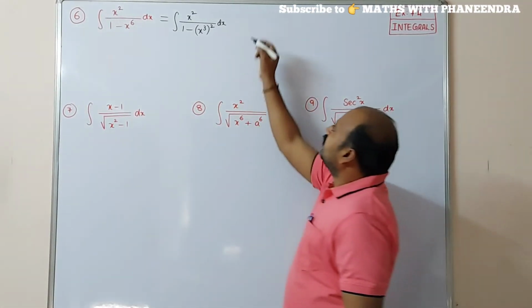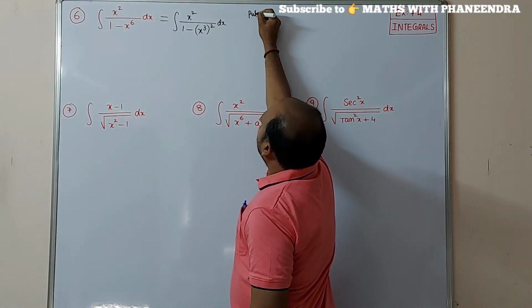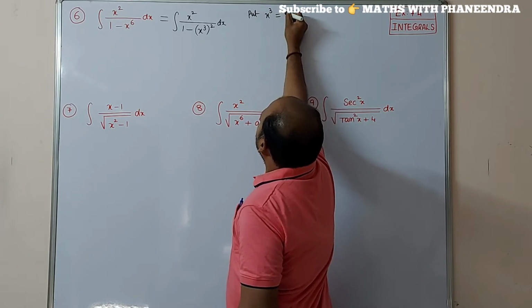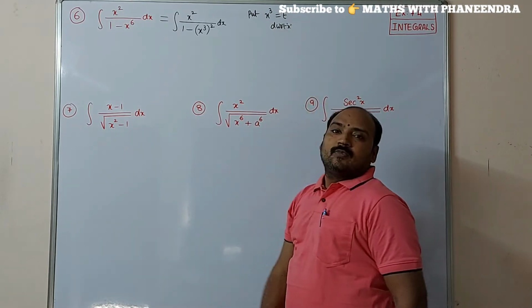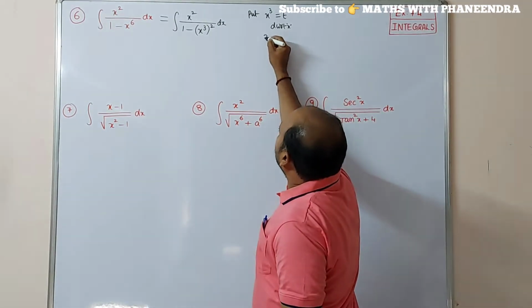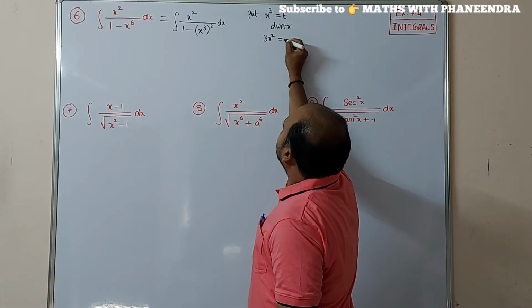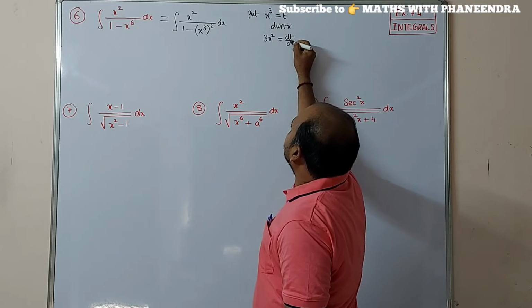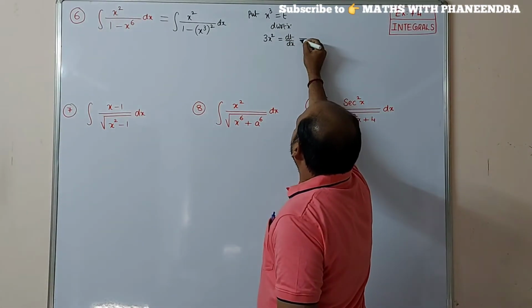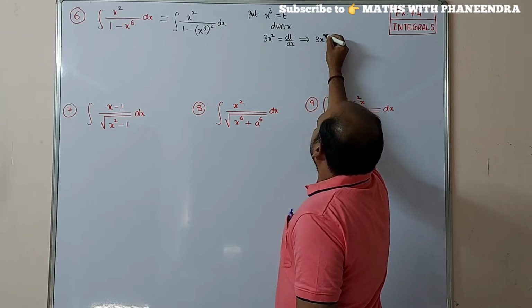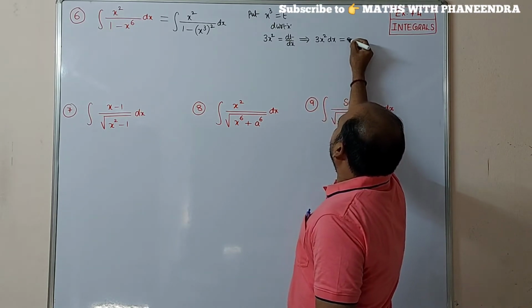After that, put x power 3 is equal to t. Differentiate with respect to x. So x cube derivative 3x square is equal to t derivative with respect to x, dt by dx. So cross multiply, 3x square dx is equal to dt.